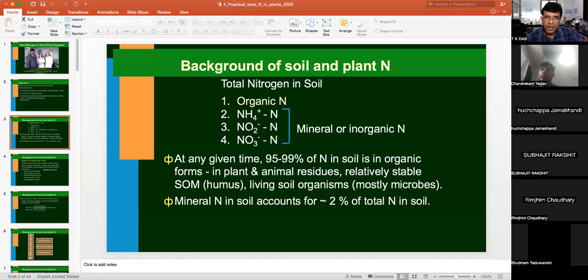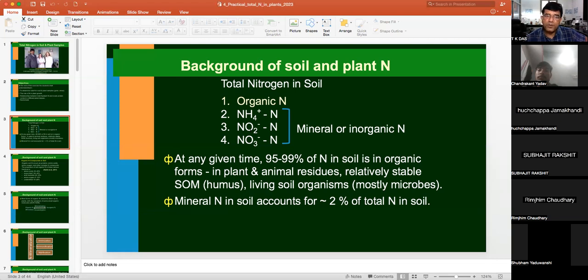At any given time, 95 to 99% of nitrogen in soil is in organic forms. Please do remember, 95 to 99% means a very high proportion of nitrogen in soil is in organic form. That means the remaining 1 to 5% is in inorganic form.